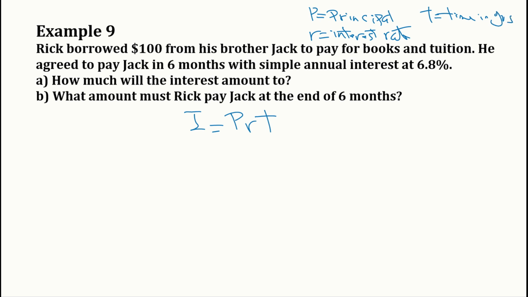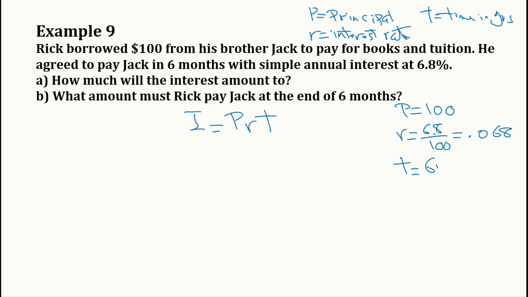All right, so in our situation, P is going to be $100. The rate is 6.8%. If I write it as 6.8 over 100, I can quickly turn it into a decimal by moving the decimal 2 to the left, so I get 0.068. The time is 6 months, right?